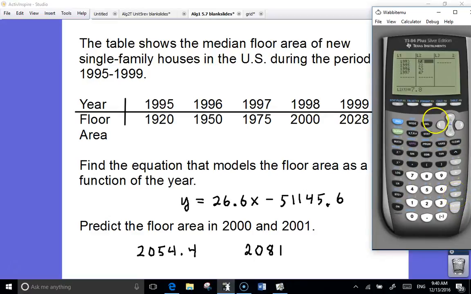That's not the right data, so let me put in the data. 95. I think that was it. Got to make sure I go all the way to the top here. And I'm going to go 1920.